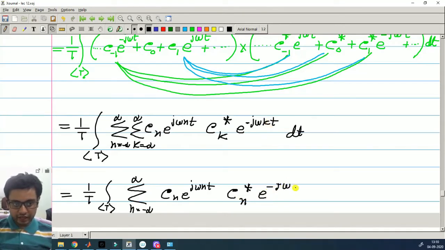In place of k I am putting again n, because only if k is equal to n those terms will survive, and I need not take another sum because only those values of k will survive which are equal to n.